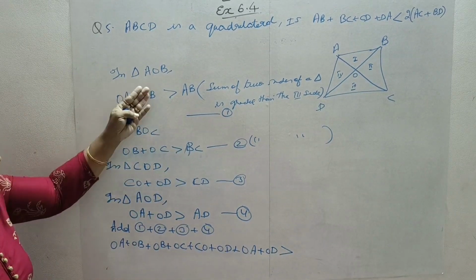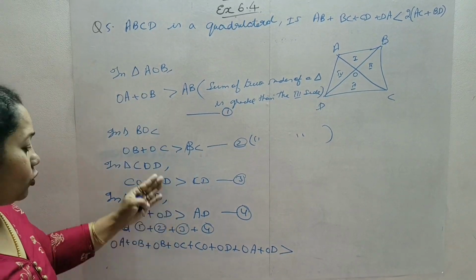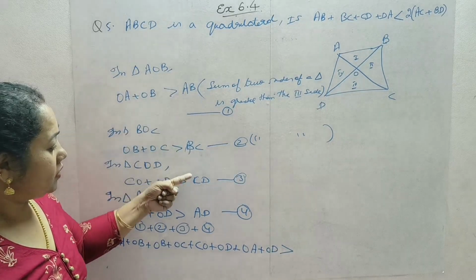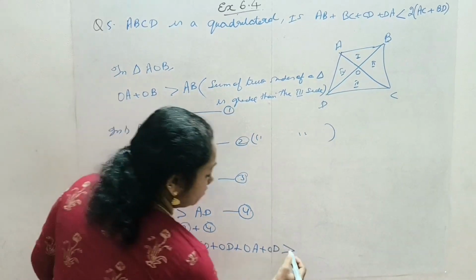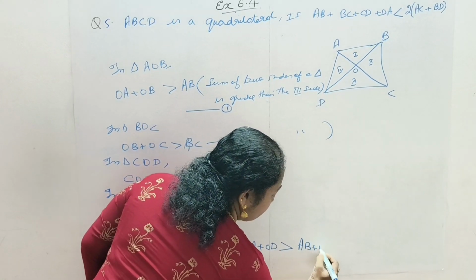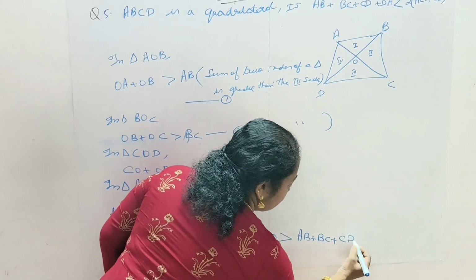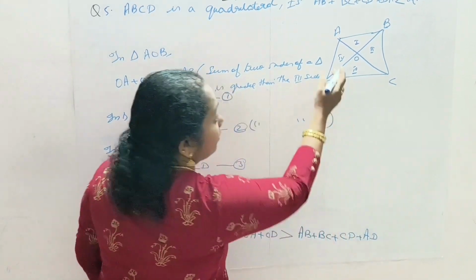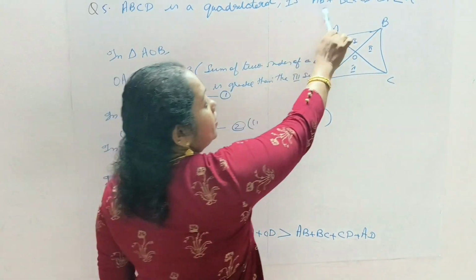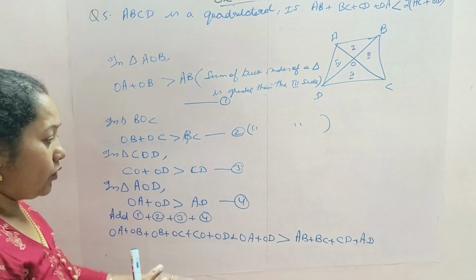Greater than, in all we have put the same symbol as greater than. So greater than AB plus BC plus CD plus AD. We got the same thing, AB plus BC plus CD plus AD.